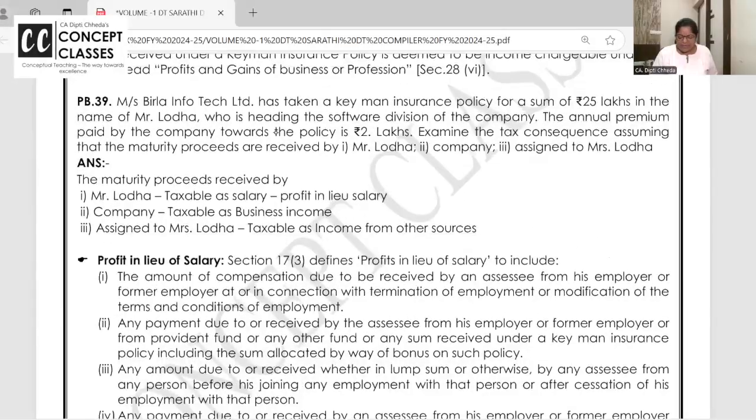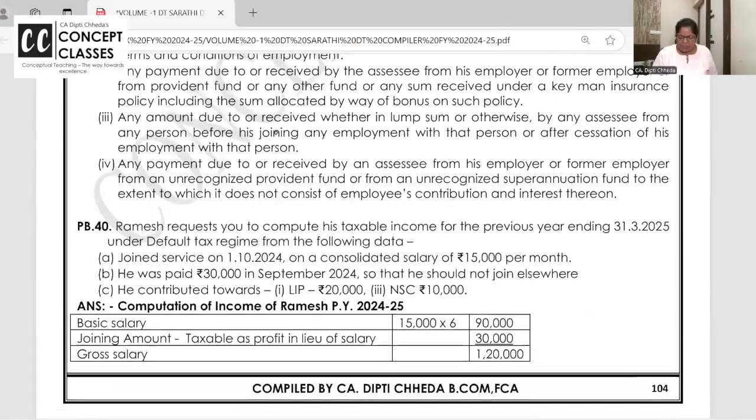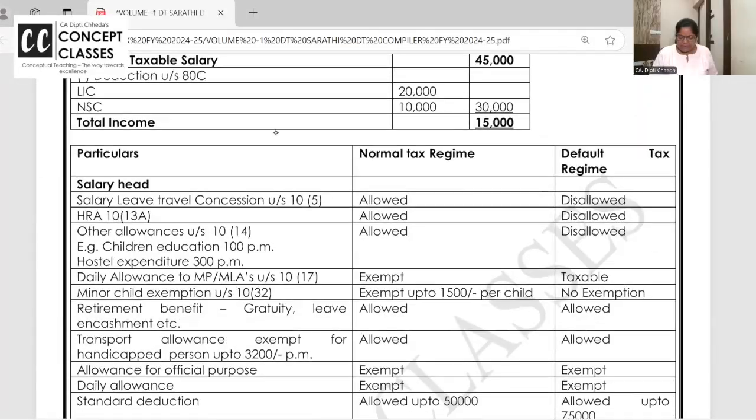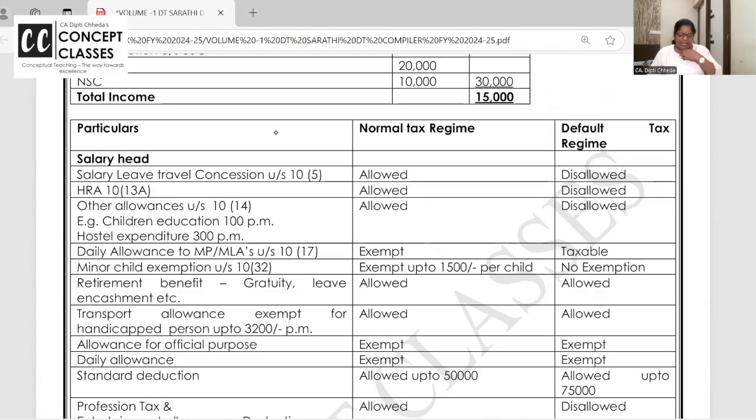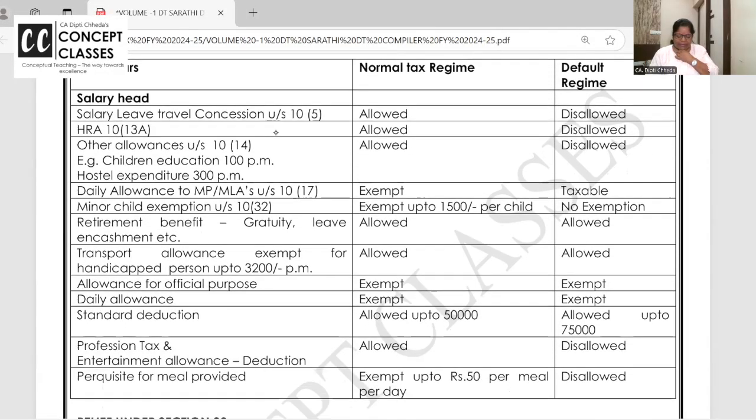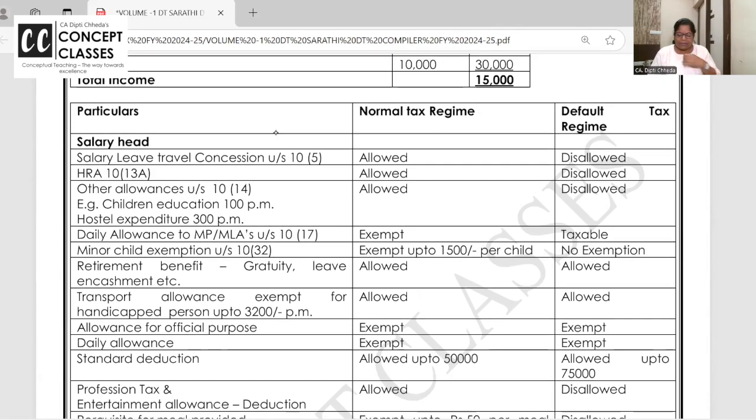Keyman insurance policy, if the amount is received by the employee, it will be taxable as salary. Now this I want all of you to check. Look, this is a very good table. Leave travel concession is allowed in the normal tax regime. It's not allowed there. HRA allowed, not allowed.